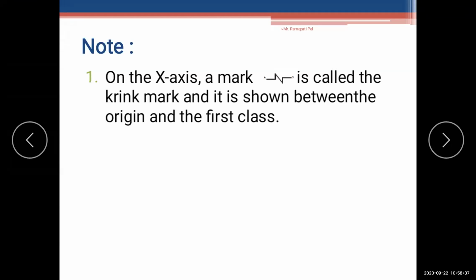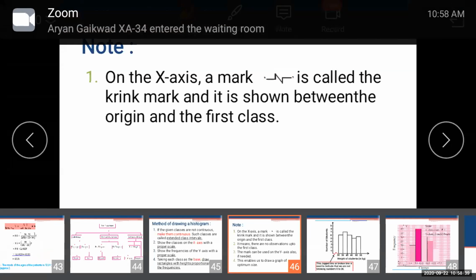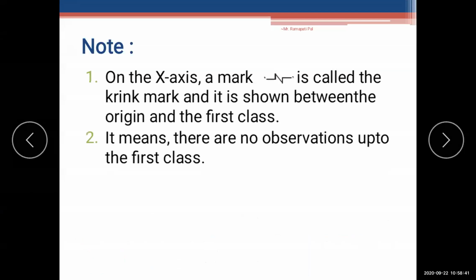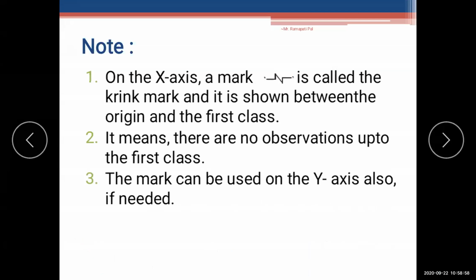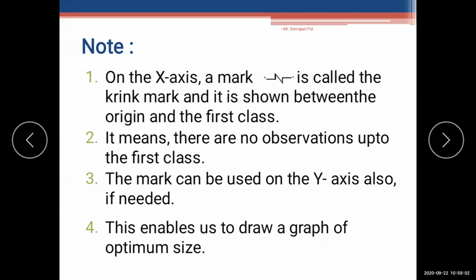The mark can be used on the y-axis also, but only if it is needed.